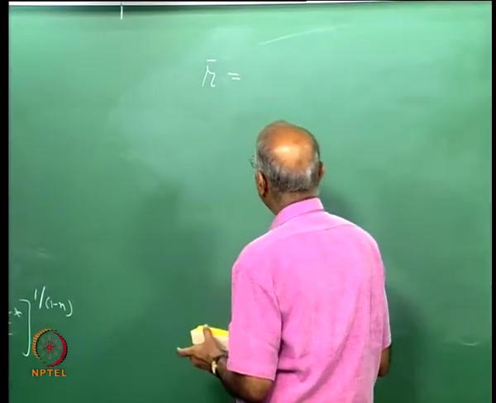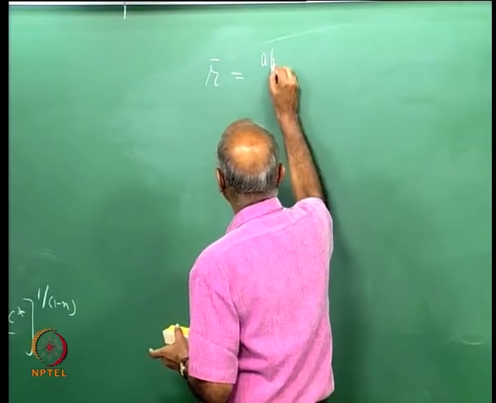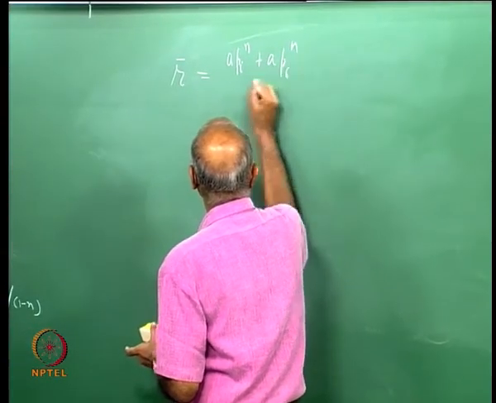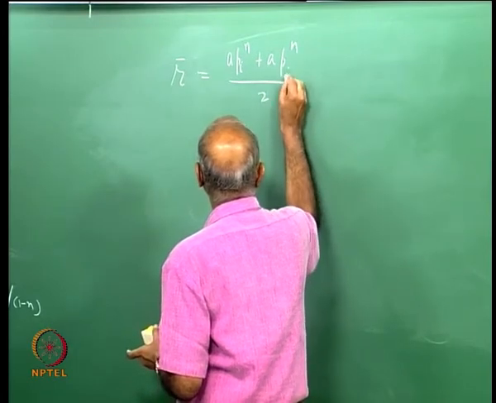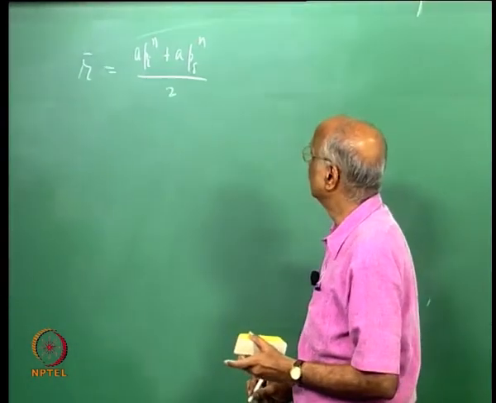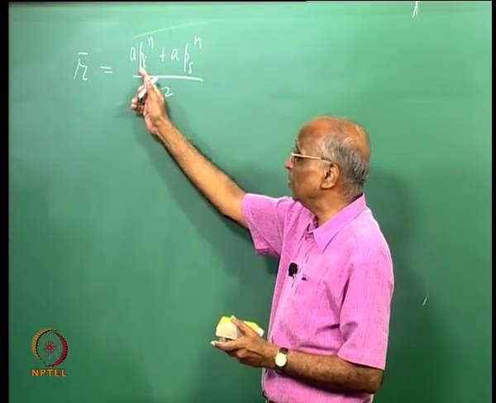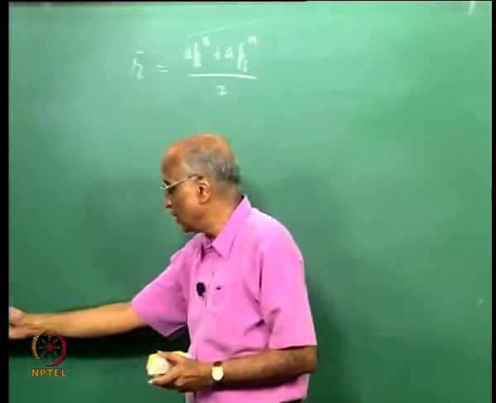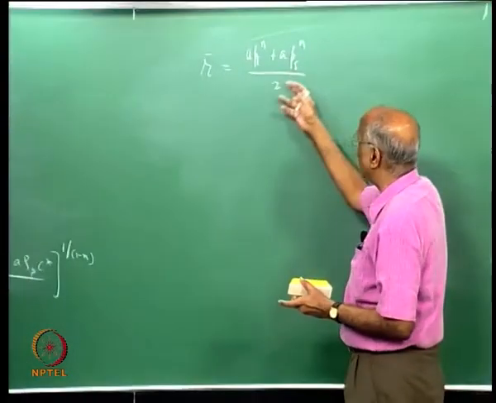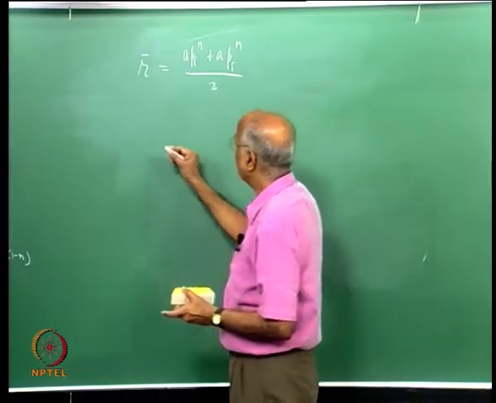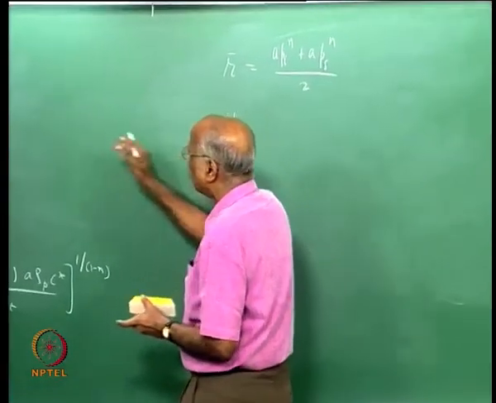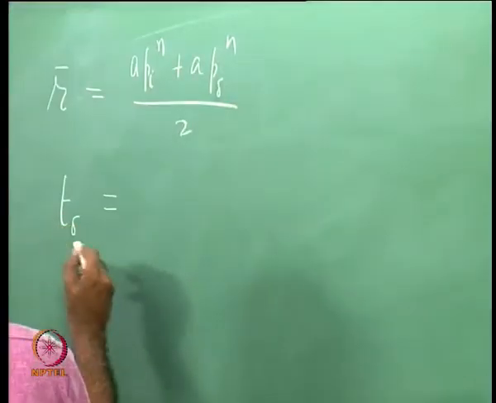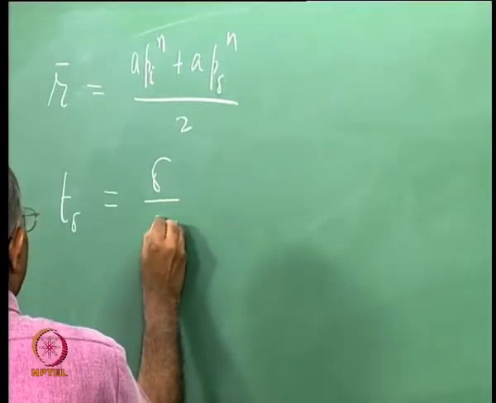What is that mean value equal to? A P_i to the power n plus A P_delta to the power n, divided by 2. r_1 is the burning rate at the initial condition. It has progressed by a factor delta, in which case this becomes my pressure, therefore the burn rate has gone up. Therefore, the time taken to burn a small quantity between d_i and d_i plus 2 delta, called delta t, is equal to delta divided by r bar.